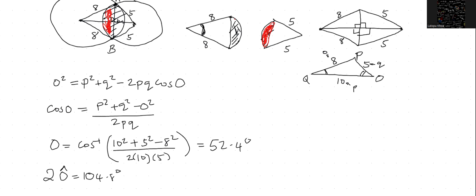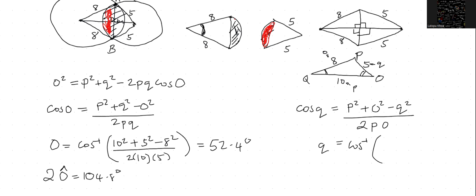So the same thing if we want to work out angle Q. So this is cos of Q, equal to P squared plus O squared minus Q squared over 2P times O. Okay, and then Q is cos inverse, and now we substitute.